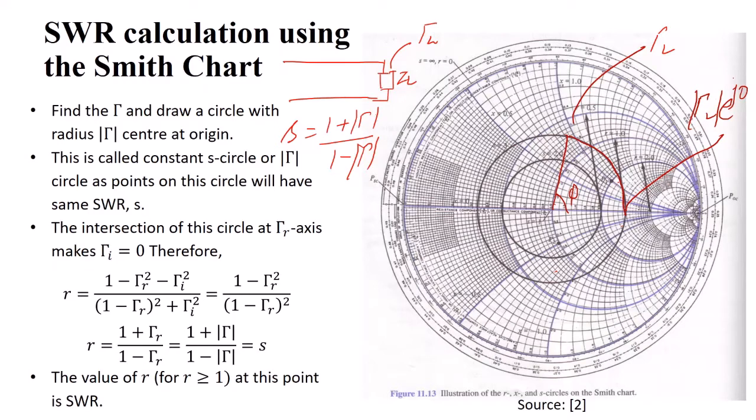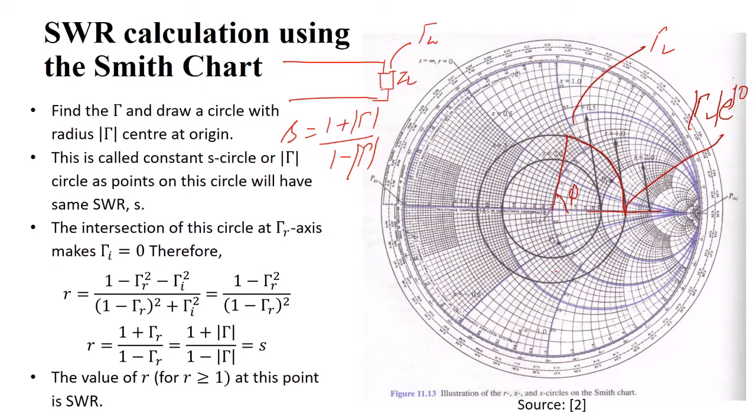Once you reach here, what is the beauty of this line? On this line, the imaginary value of the gamma is zero because it is the real axis. So for this reflection coefficient, only the real value exists and the imaginary value is zero.